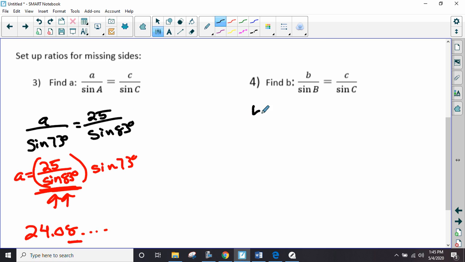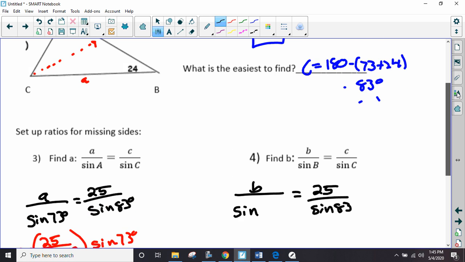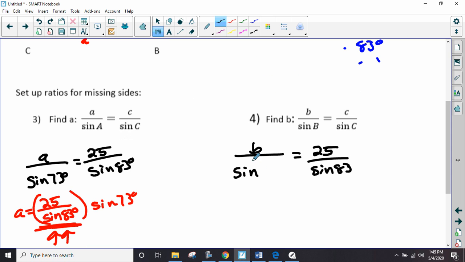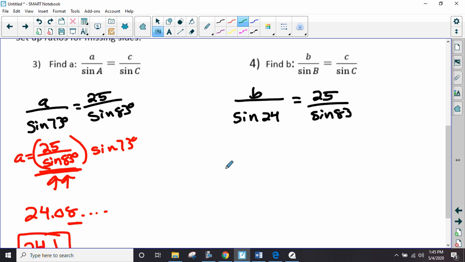Trying to find little b. It's set up the same, with sine 83, and little b was 24 degrees. So little b is going to be 25 over the sine of 83 times sine 24.